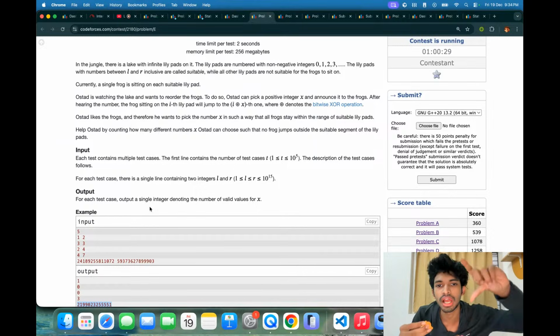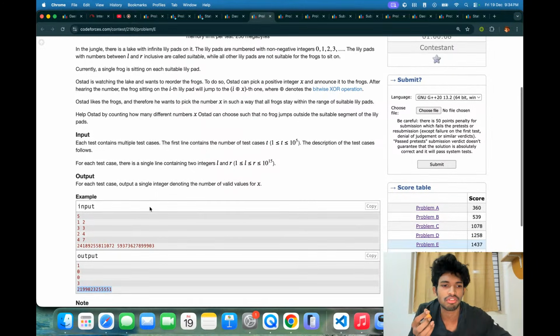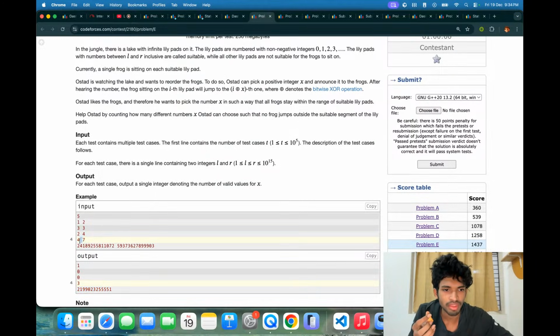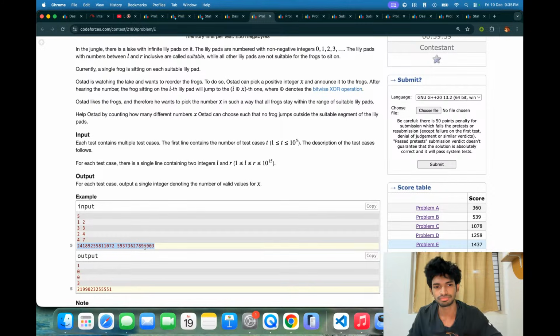If L to R has from this bit to this bit, what does it mean if there is an X? See, 0 or it is all of them.